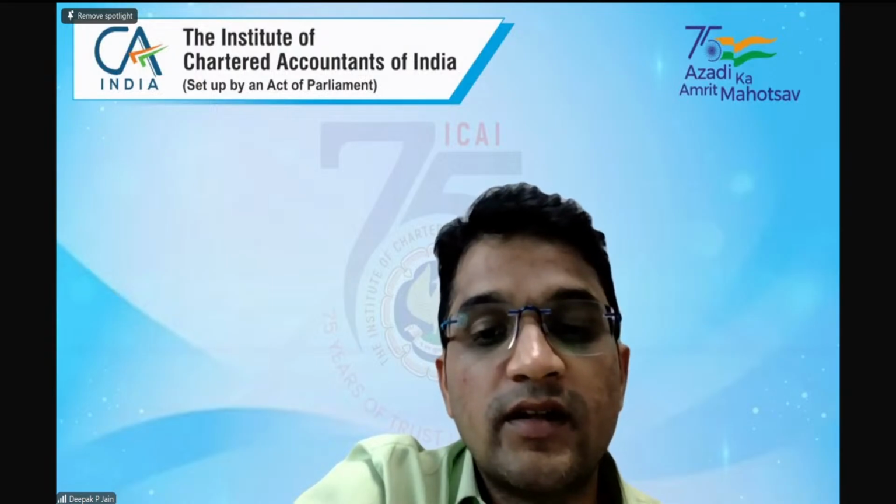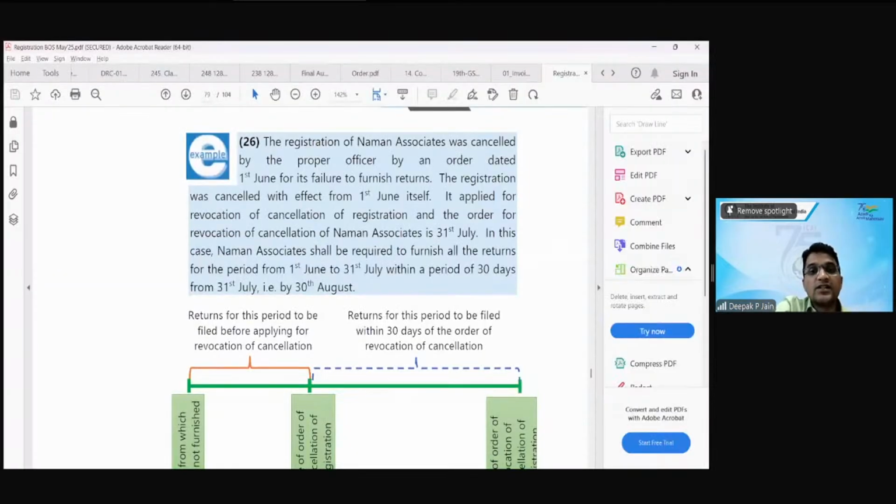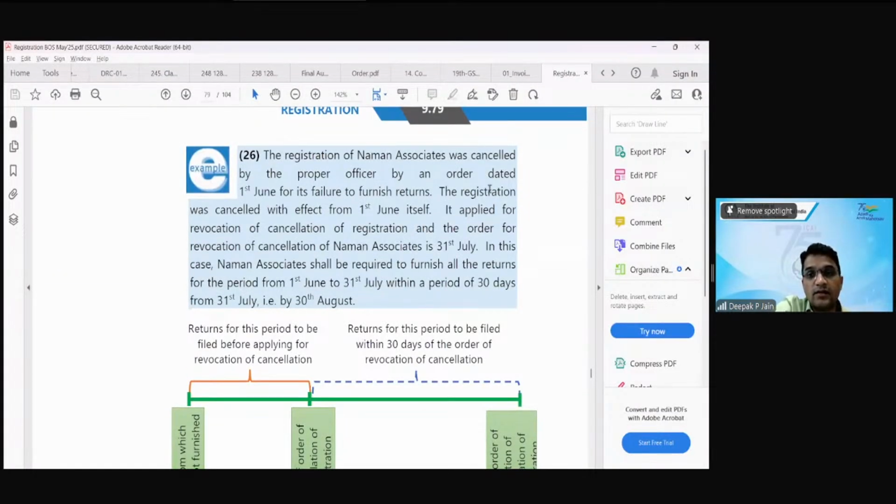Okay, here there is a relevant question on what we had discussed. So we'll discuss here question number 26. The registration of Naman Associates was cancelled by the proper officer by an order dated 1st June for its failure to furnish returns. The registration was cancelled with effect from 1st June itself. It applied for revocation of cancellation, and the order for this revocation of cancellation is 31st July.